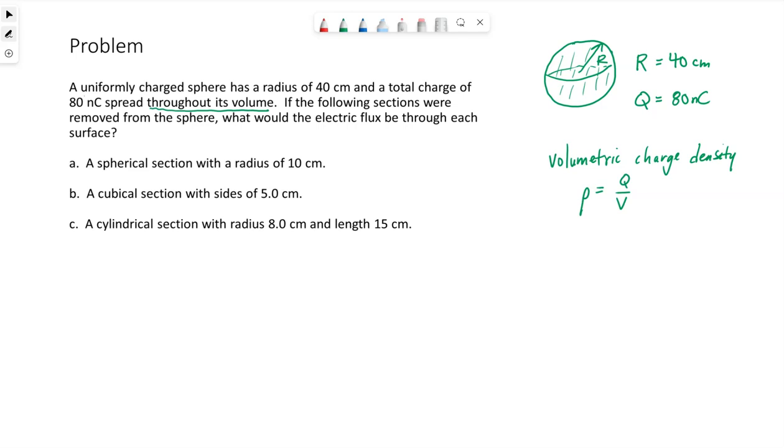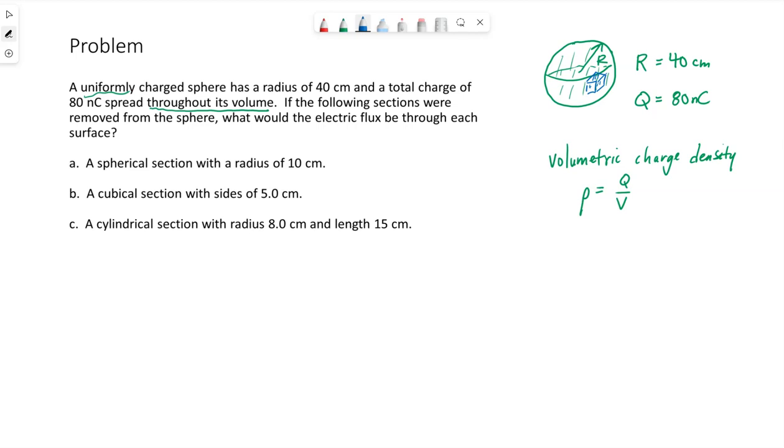Since this problem tells us this charge is uniform, that means if I take a little section out, like our little cube, the charge density within that cube is the same as the charge density for the entire spherical charge, the original charged sphere.